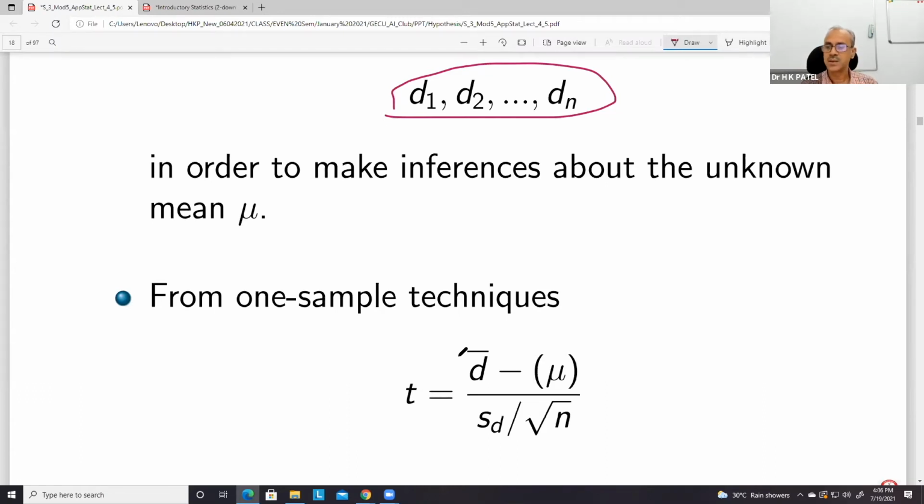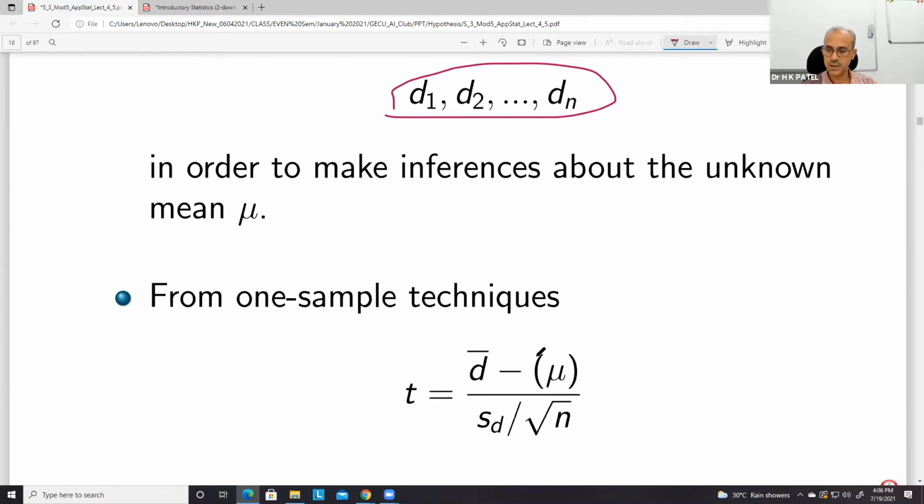It depends on the number of observations in the sample. But mostly we prefer the T statistic here, because we have to calculate the standard deviation also, and the population standard deviation is not given. Therefore we use the sample standard deviation, and so we have T.